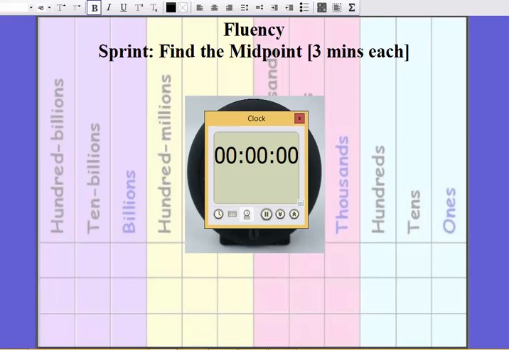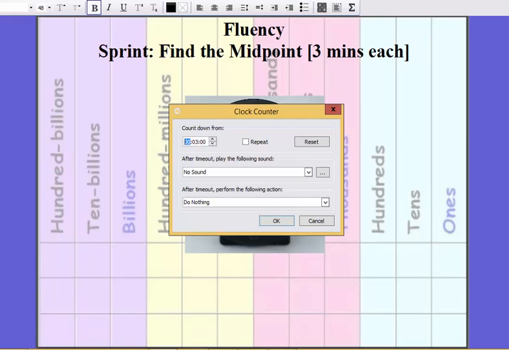Alright, you're going to turn it over and now begin the other side. Ready? Begin.